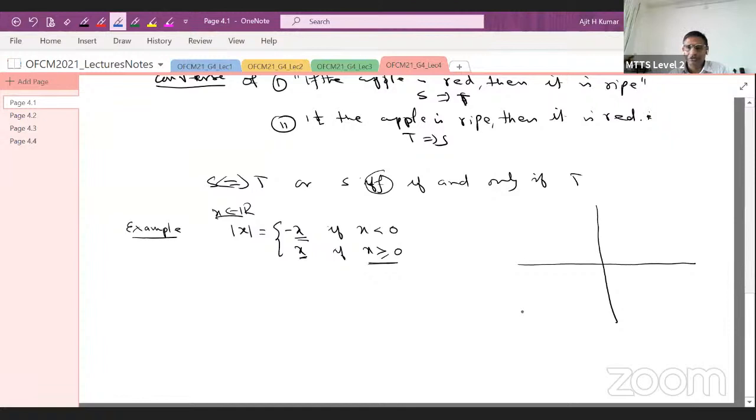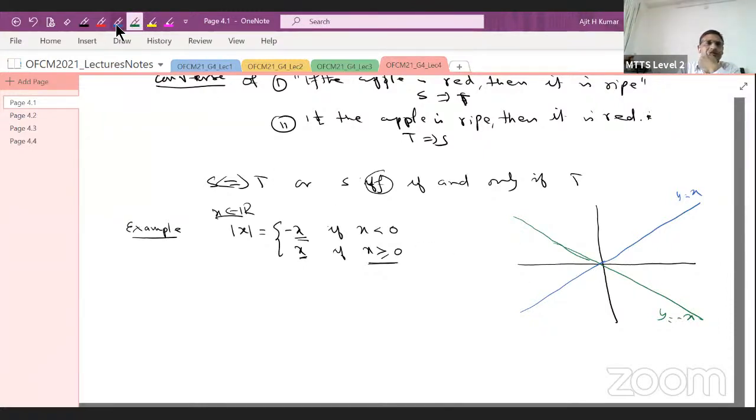Generally, my drawings are not good. Let me try. This is y equal to x. Let me draw y equal to minus x.